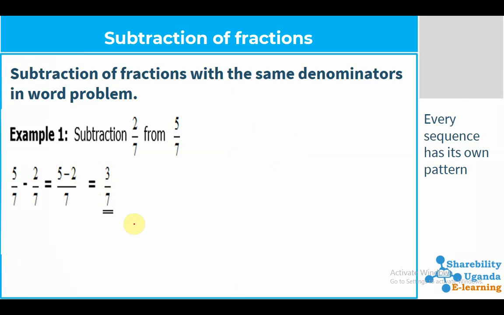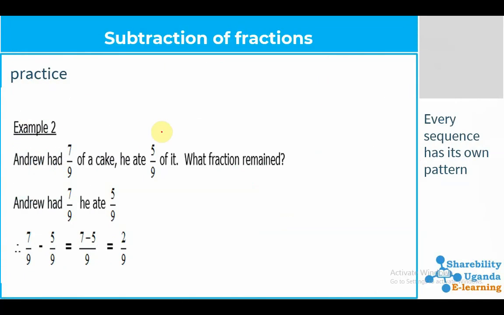Let's look at another example. Example 2: Andrew had 7 out of 9 of a cake. He ate 5 out of 9 of it. What fraction remained? You have someone called Andrew.